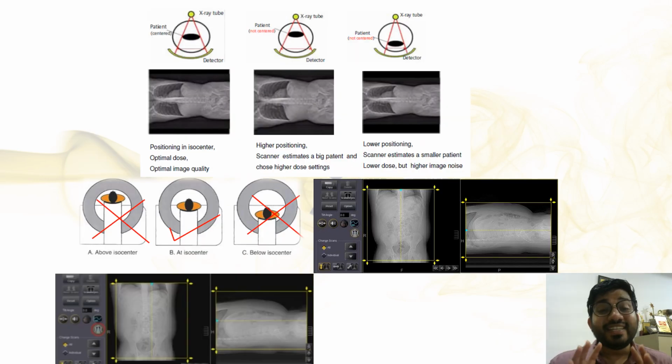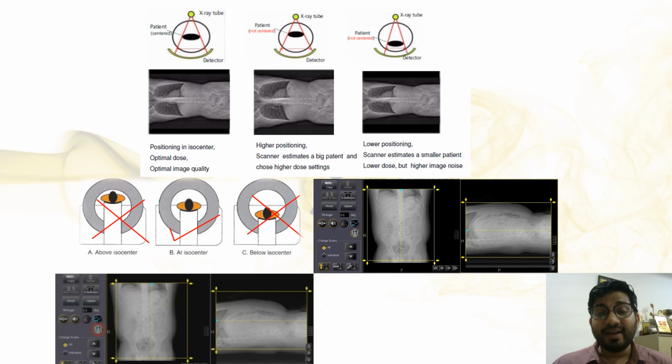Here we have to just remember that the scanner is not a human. Scanner is just a CT scanner. So in picture A, you can see I have put cross marks. If we position the patient above the isocenter, what happens? The scanner will assume that a bigger or heavier or bariatric patient is there.